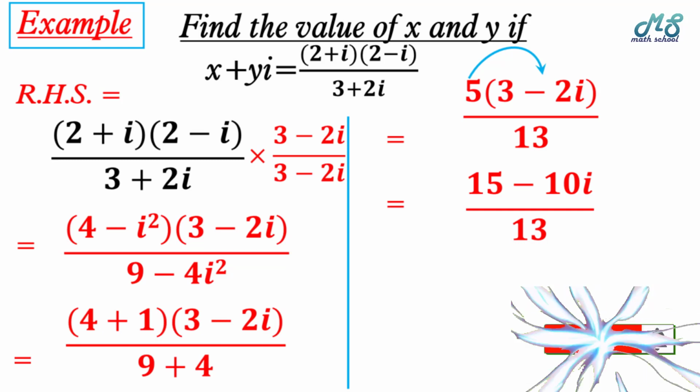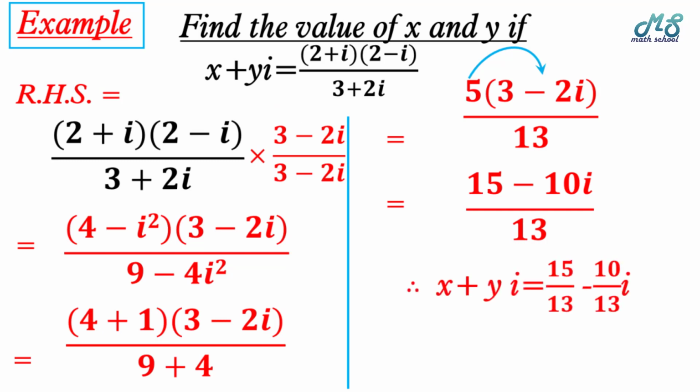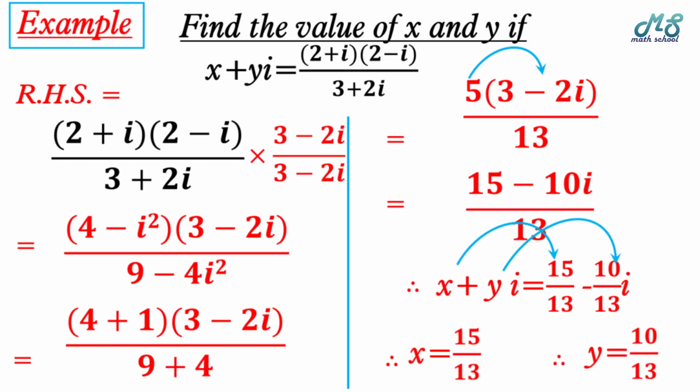Now we can substitute in the first relation, x plus yi equals 15 over 13 minus 10 over 13 i. Now we can deduce that x equals 15 over 13 and y equals what guys? Yes, negative 10 over 13. Now we can deduce the value of x and the value of y.